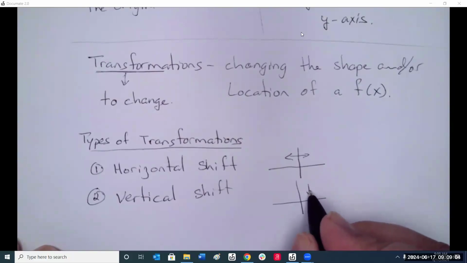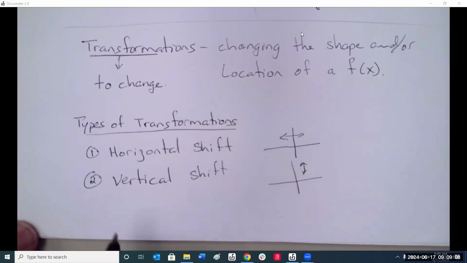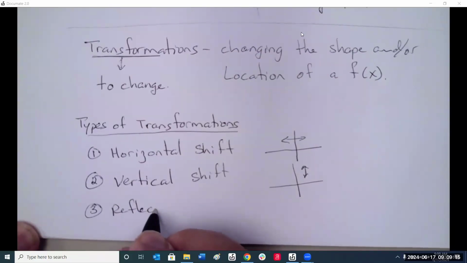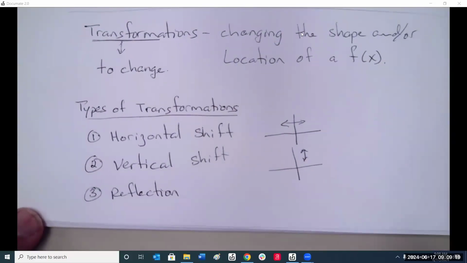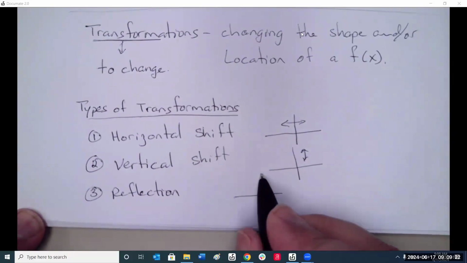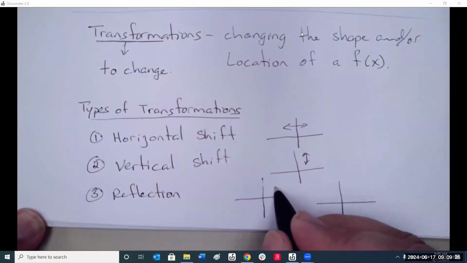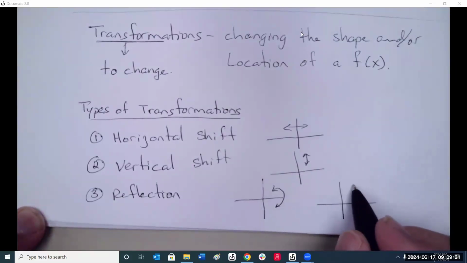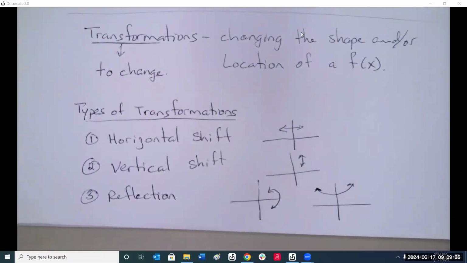That's when a graph goes up or down. Reflection. We have two of those. It could be flipped over the x-axis, or it could be flipped over the y-axis. It's just a mirror image of itself on the other side.